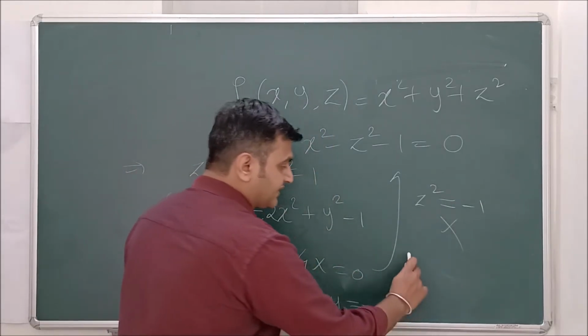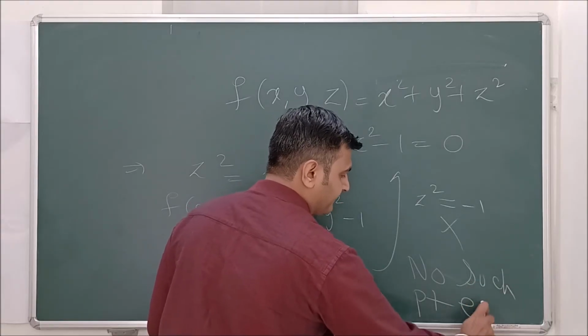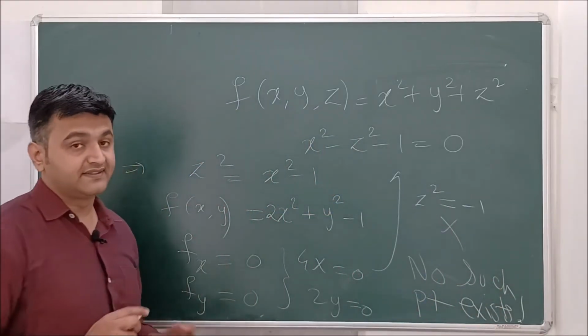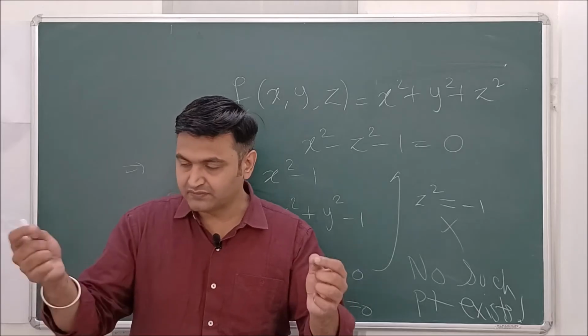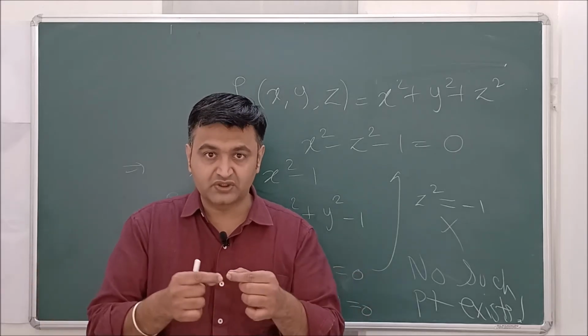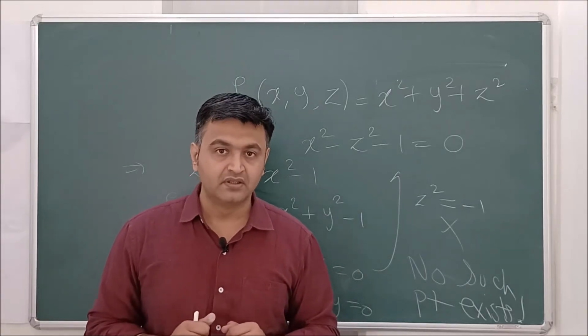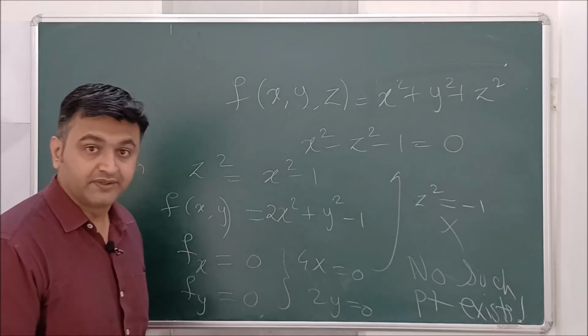So this substitution method says that no such point exists. But that is wrong, right? We have already seen that (1, 0, 0) and (-1, 0, 0) are the points closest to the origin, and they are on the hyperbolic cylinder. That's why the substitution method doesn't always work.